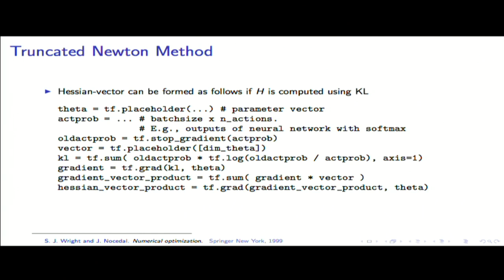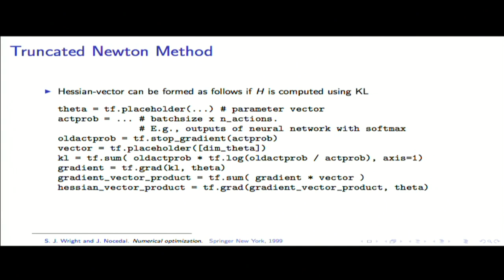But to get the same result, we can instead use a stop gradient operation, which tells the automatic differentiation software to pretend this is a constant after it does the forward pass. This is a trick you can use with TensorFlow or Theano or probably any other autodiff software. So you do this stop gradient, and then you construct the KL divergence.